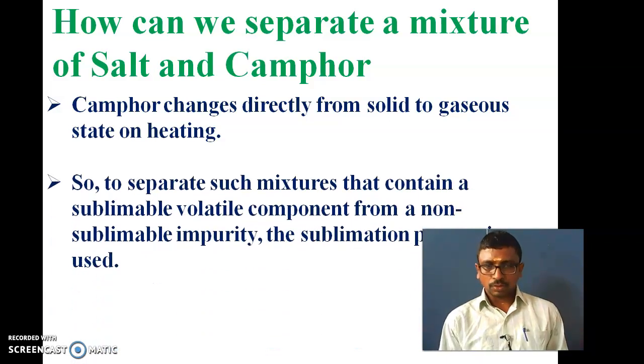This is used to separate mixtures that contain a sublimable volatile component from a non-sublimable impurity. Volatile component means it is easily vaporized. So here, what is the volatile component? Yes, camphor. Camphor is easily vaporized. And what is the non-sublimable impurity?